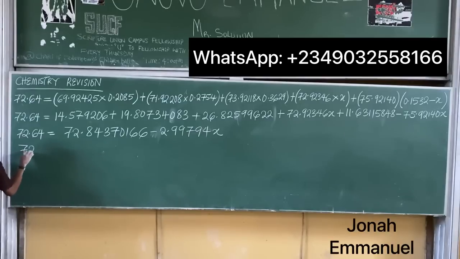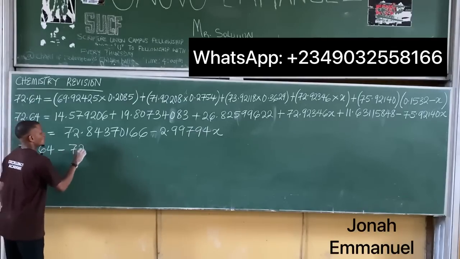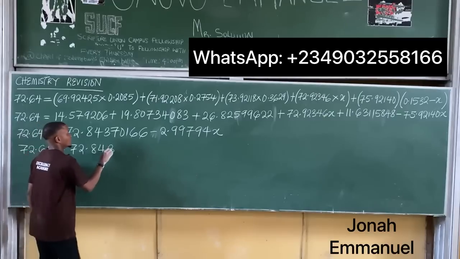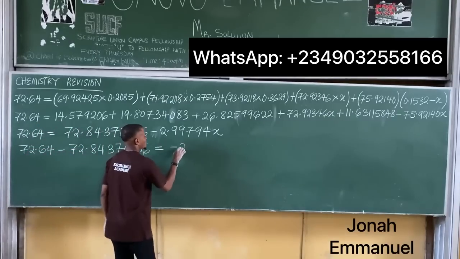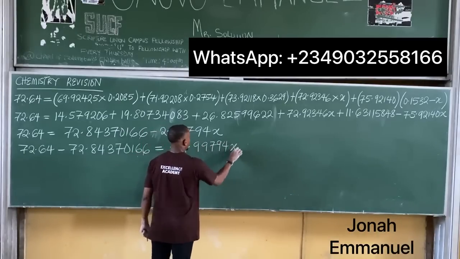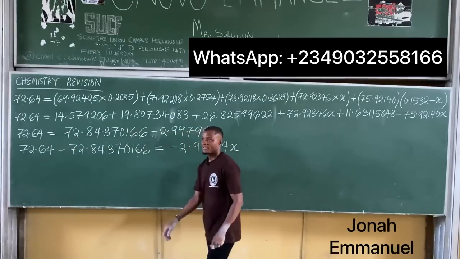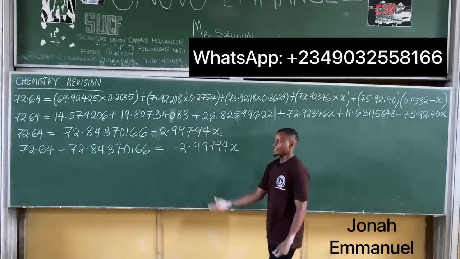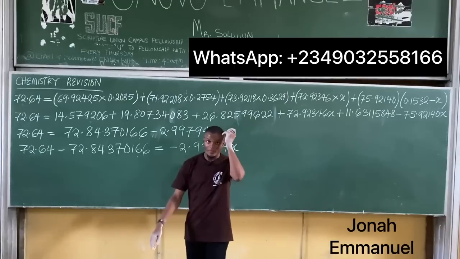I'm having 72.64 minus this one here, 72.84370166 is equal to minus 2.99794x. So simply take this man over here, becomes negative. That's the concept. So I'm just trying to find x here, no big deal. So subtract this, what do you have?